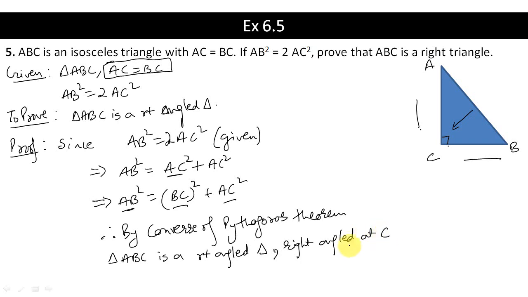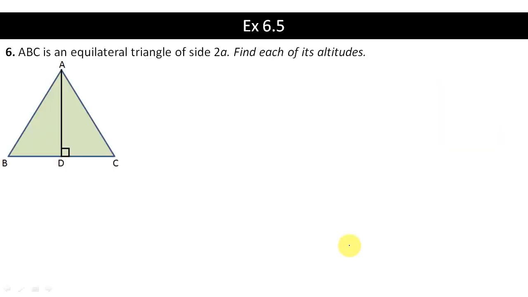Okay. Moving on to the next question. Question number 6. ABC is an equilateral triangle of side 2A. So it is given that triangle ABC is an equilateral triangle in which each side, since all the sides are equal, is equal to 2A units.